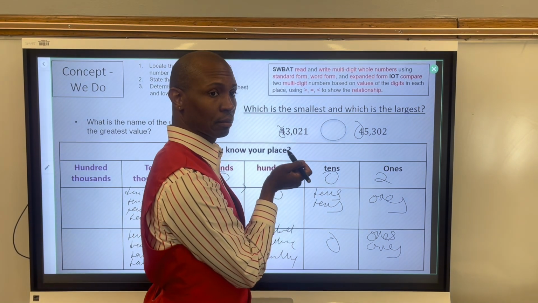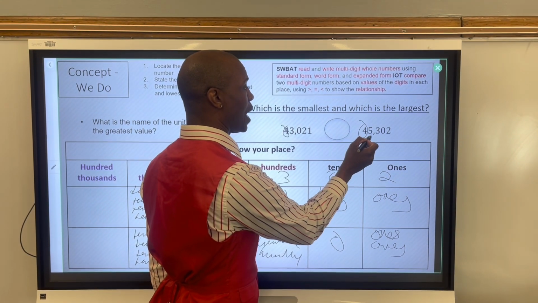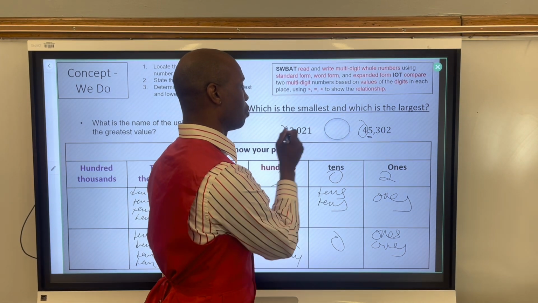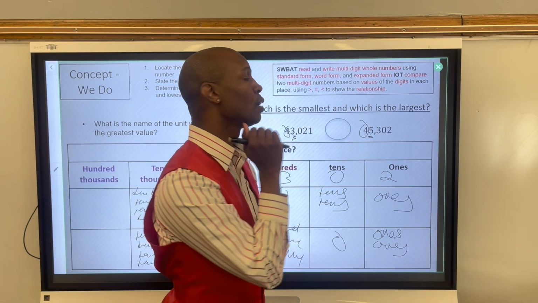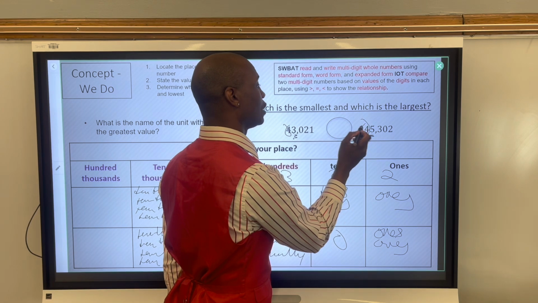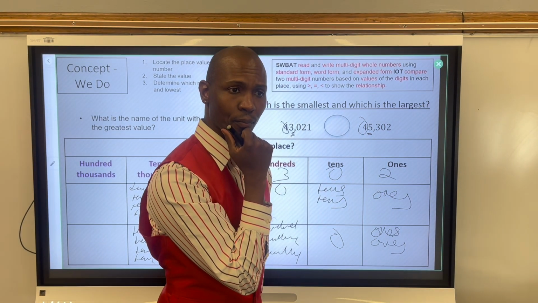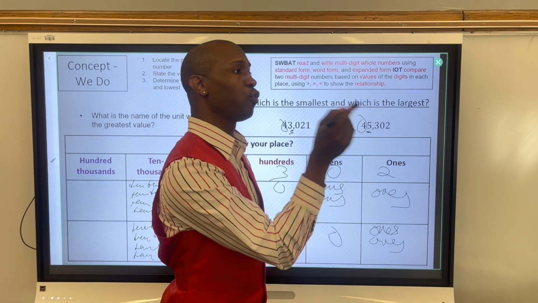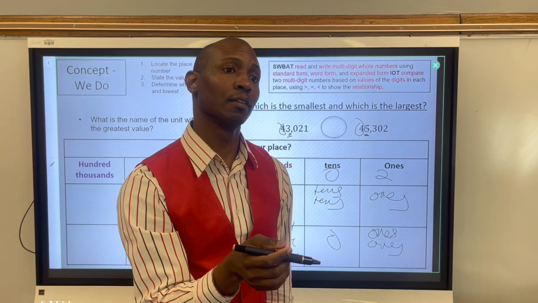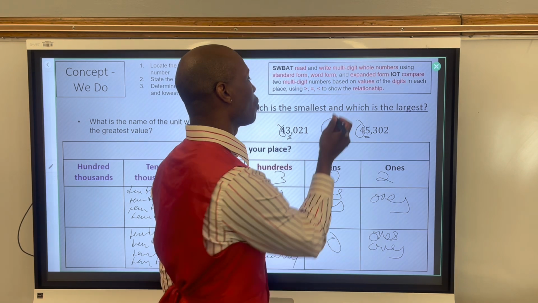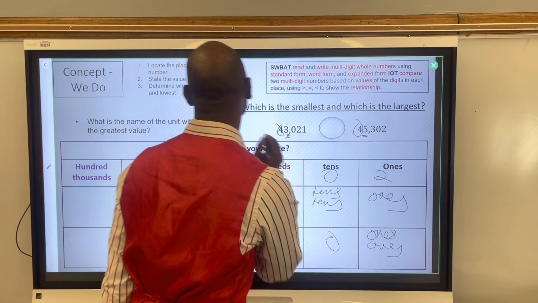What's next? The 3 and 5. The 3 and the 5 are the different things. Which one is higher? The 5. The 5 is higher. So is 43 greater than 45? No. Is 45 greater than 43? Yes. So what symbol would help me notify that?